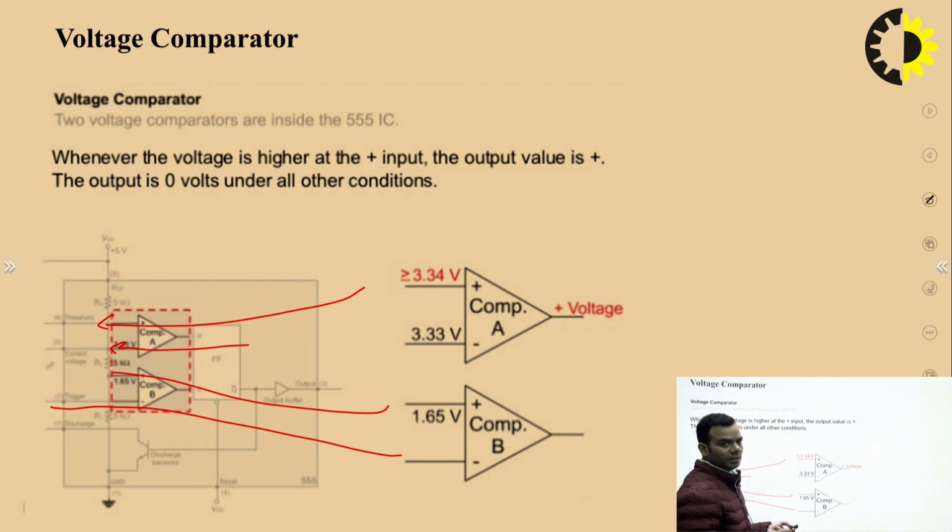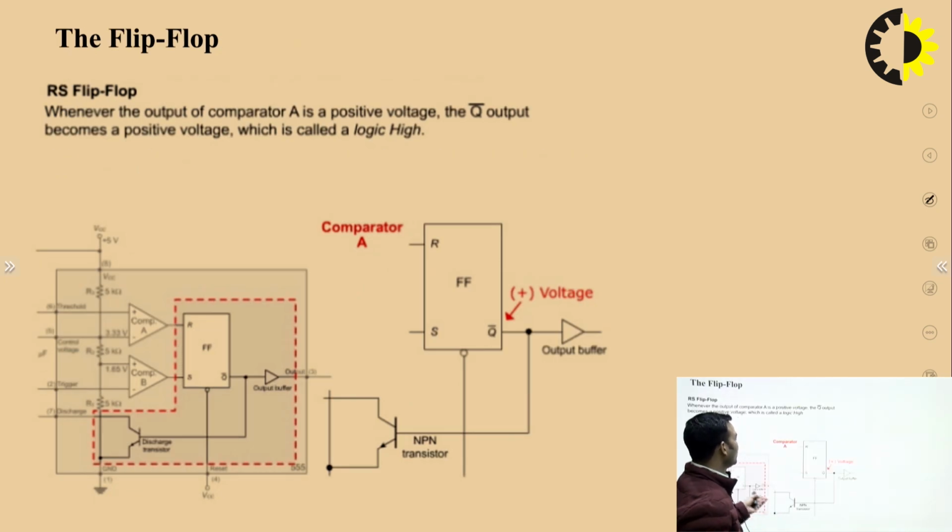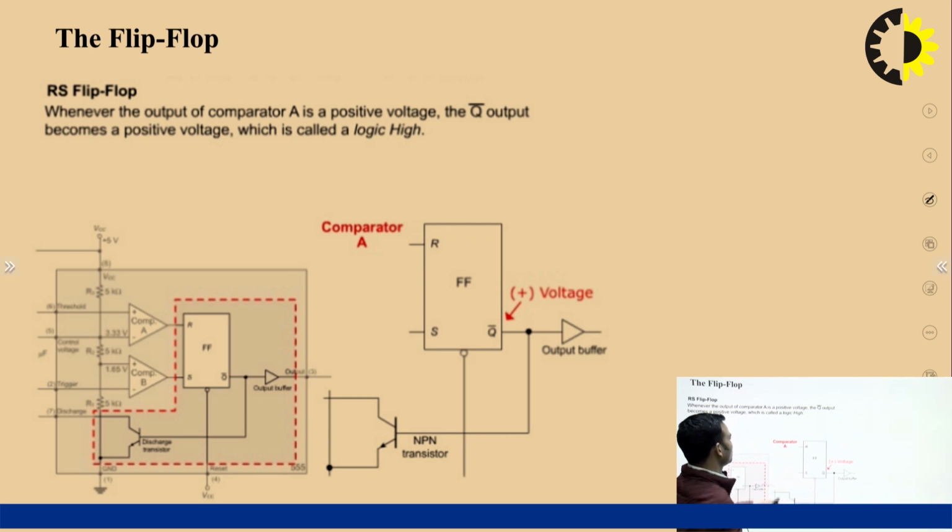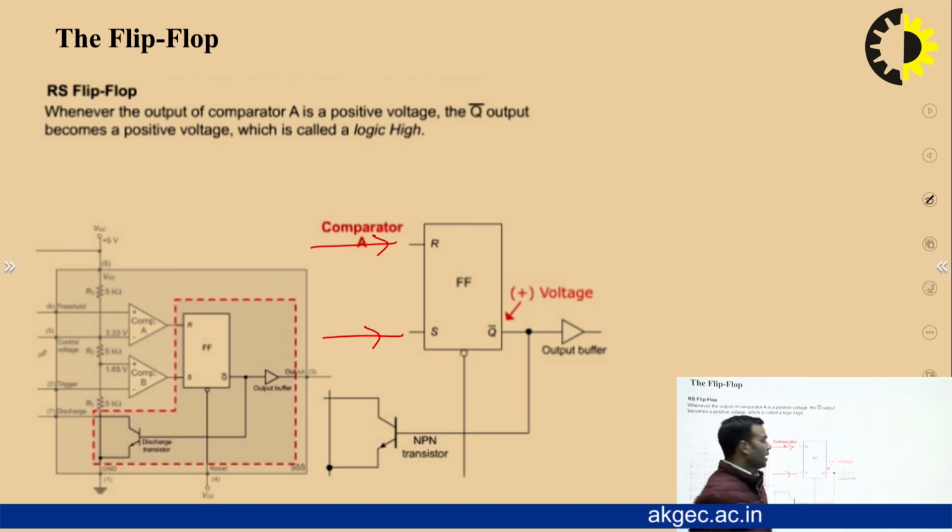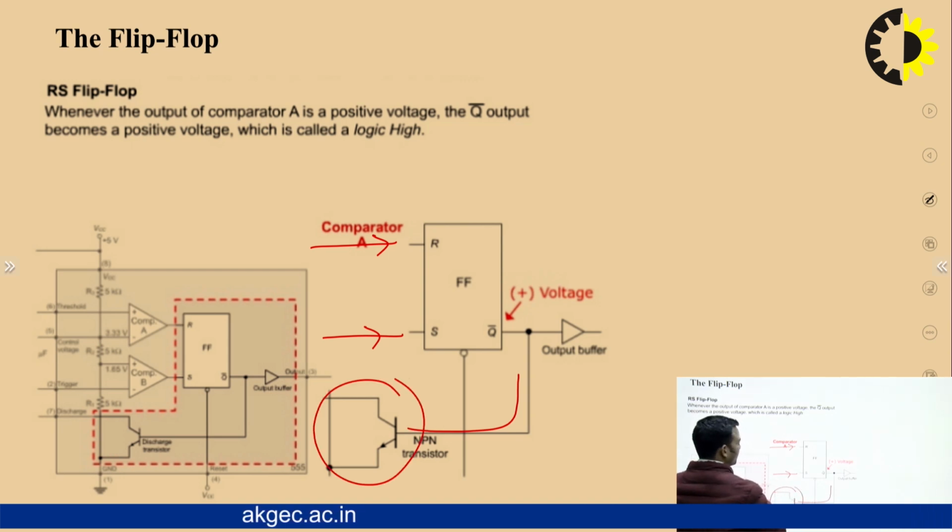We will see its working. The outputs of these comparators are given to the R input and S input of the RS flip-flop, and depending on their inputs there will be some output, and then one output is given to the NPN transistor.